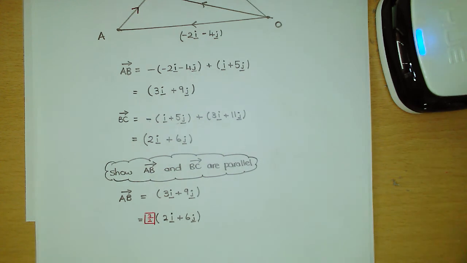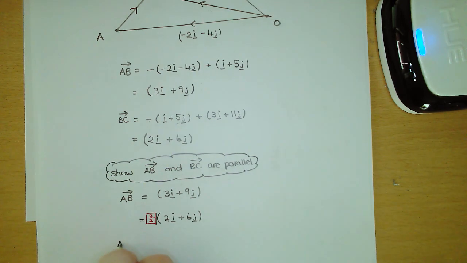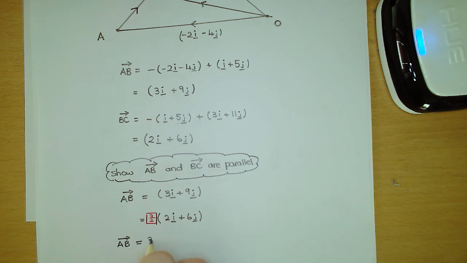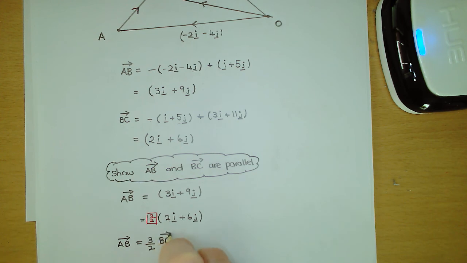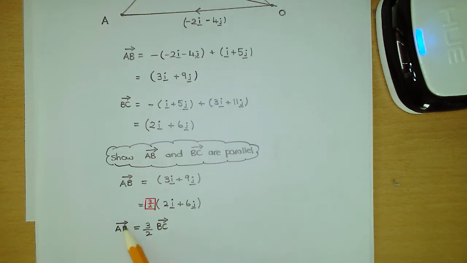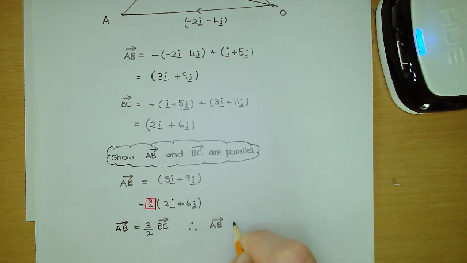So what we're now left with is displacement vector AB is equal to 3 over 2 multiplied by the other displacement vector, which is BC. Now, what we've just done is we've shown that one vector is equal to a constant multiplied by the other vector, and that's how you show that two vectors are parallel. So therefore, AB and BC are parallel.